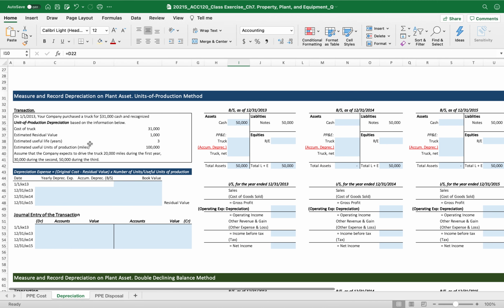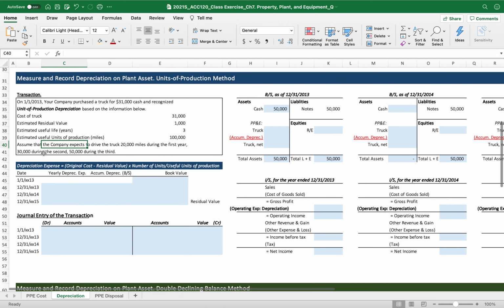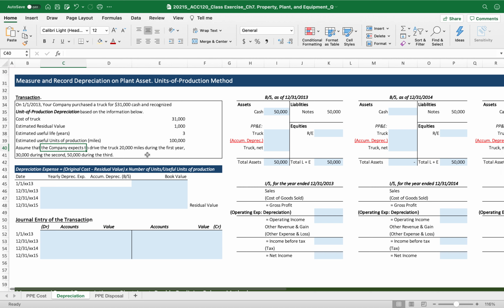The same example: your company purchased a truck for $31,000 cash and recognized units of production depreciation based on the information. We have the same information as before, but assume the company expects to drive the truck 20,000 miles during the first year, 30,000 miles during the second, and 50,000 miles during the third.